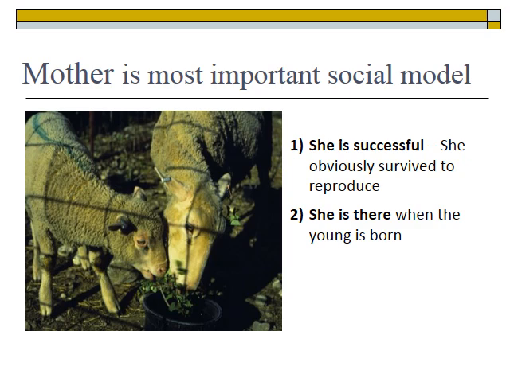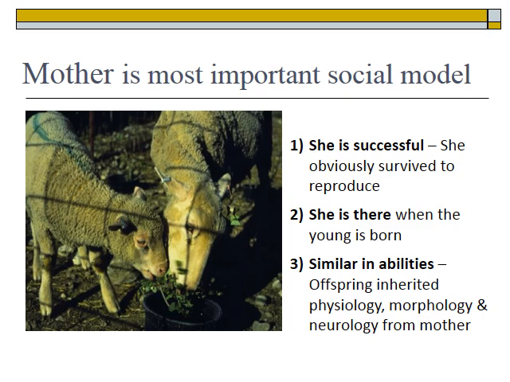And the third one is a little less easy to think about, but very important. That's that mother is similar to her offspring. Offspring inherit their physiological, morphological, and neurological abilities from their mother. They also inherit from their father, of course, but mother is there, and at least half of her genetics is part of her offspring. So if the mother was not able to tolerate some toxin, it's likely the young also would not be able to tolerate that.